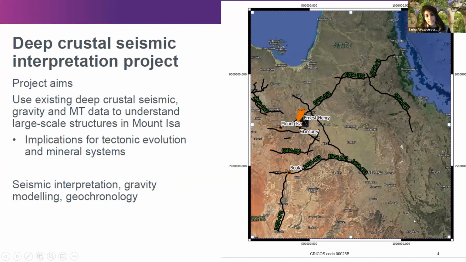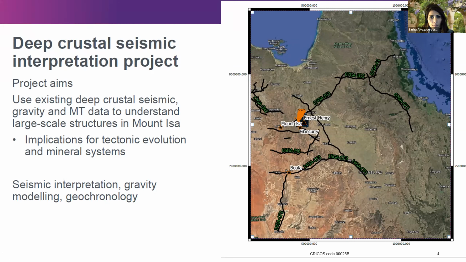So back again to why Karen and Janelle are interested in this sort of inversion. It's a project called the Deep Crustal Seismic Interpretation Project, that Karen has been a part of, and Janelle has been a part of, and I'm not sure who else from GSQ.